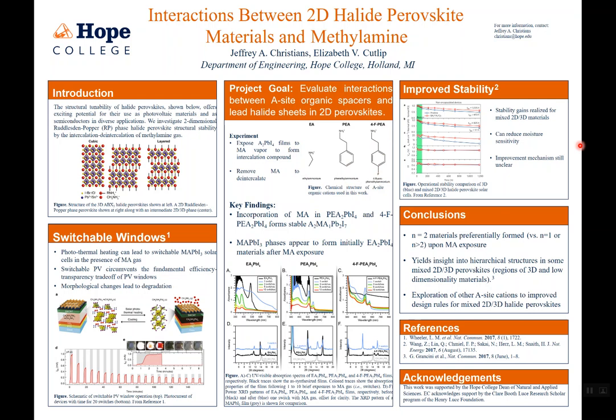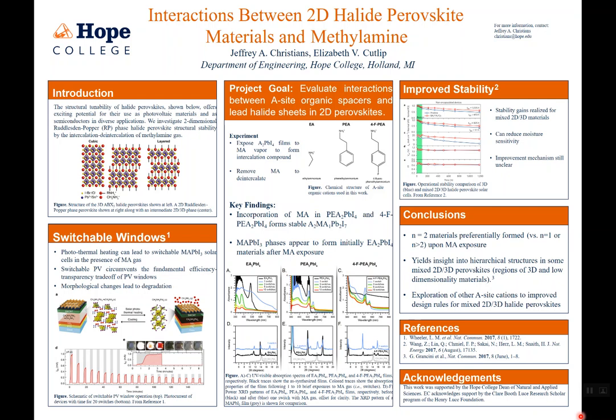And one of the really interesting findings that we saw is when we took PEA, it's maybe most clear here, PEA and 4-fluoro-PEA, what we see initially is an intercalation of methylamine. The methylamine deintercalates, but some of it still remains in the film.